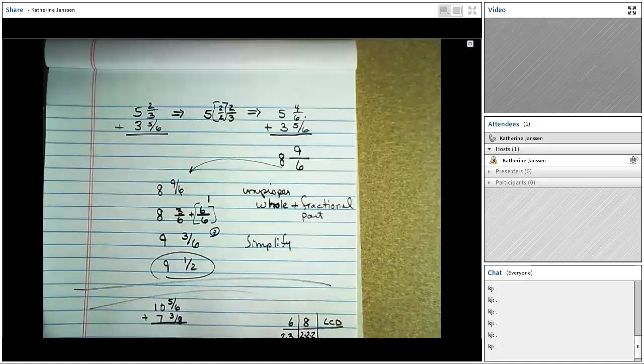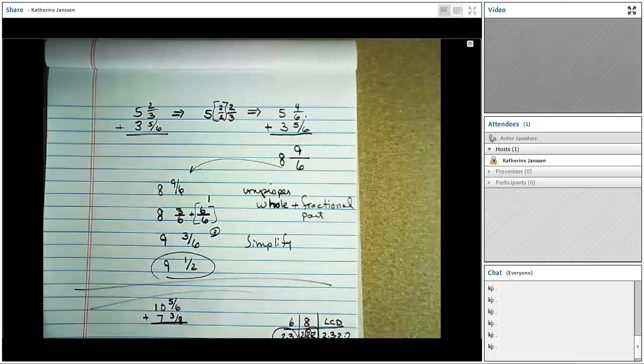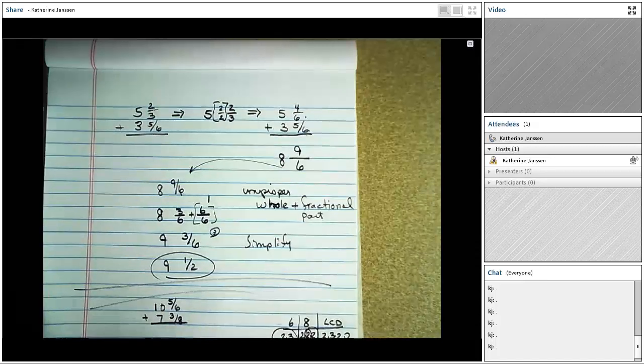I'm going to need the first column factors, 2 times 3. I need another factor of 2, not yet represented, and another factor of 2, not yet represented. That's 6 times 4 is 24. So our least common denominator is 24.